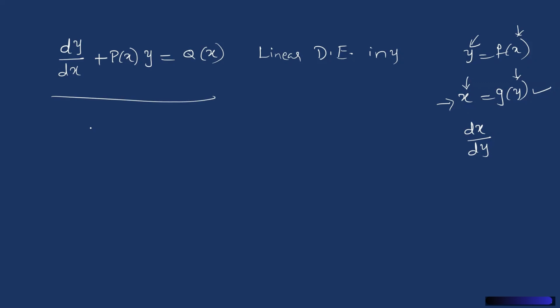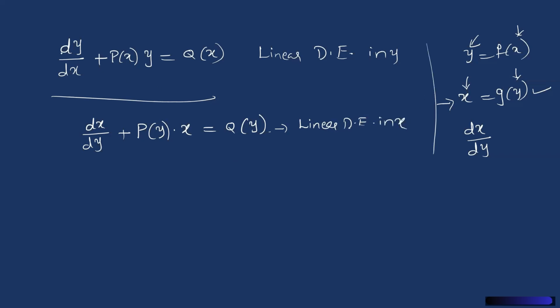If not that, you may be given a differential equation of this kind: dx by dy plus, when the dependent variable is x, a function of y multiplied by this dependent variable x, equals some function of the independent variable y. In case you have a differential equation of this kind, we call this a linear differential equation in the dependent variable x.